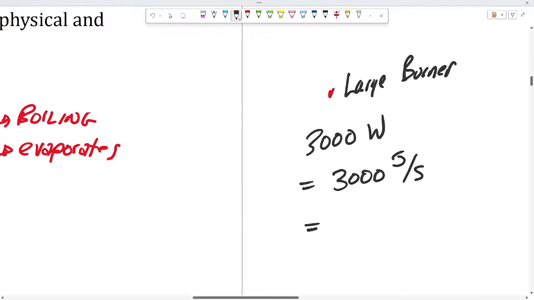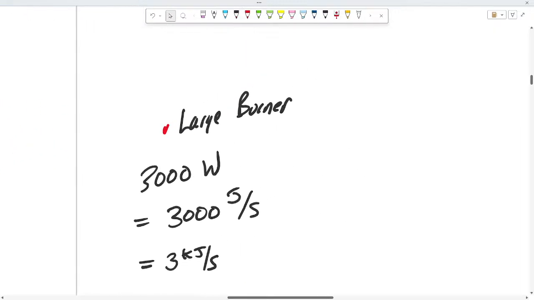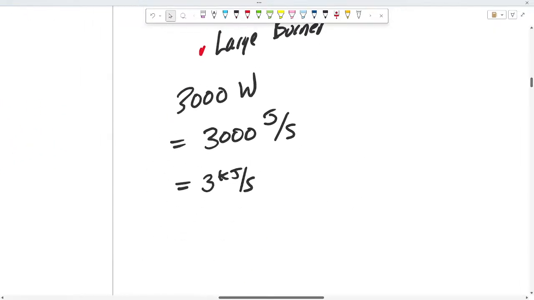Which is, if we convert that to kilojoules, how much? 3 kilojoules per second. So just to give you a sense, if you got your burner going as hot as it can go, your burner is on full, and you put your hand on it, you are getting 3 kilojoules for every second you keep your hand on it. Does that make sense? Can you picture that?